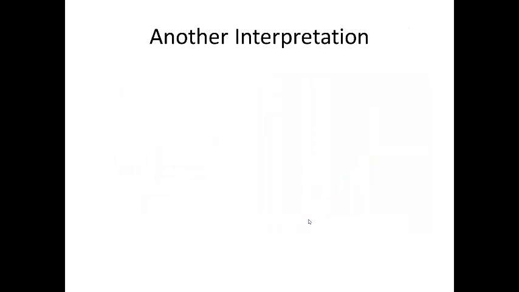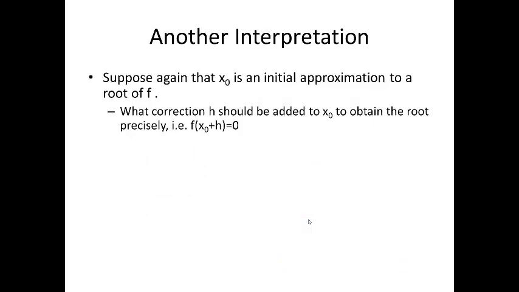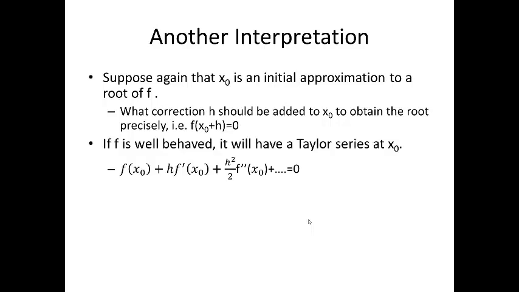Well, another interpretation is, suppose again that x0 is an initial approximation to a root of f. We want to know what correction h should be added to x0 to obtain the root precisely. In other words, f of (x0 plus h) equals 0. Now, if f is well behaved, then we'll have a Taylor series at x0.